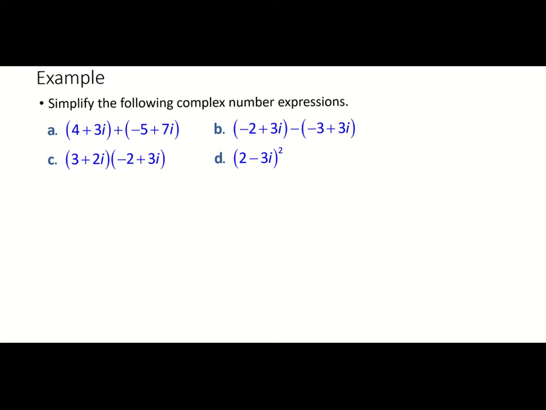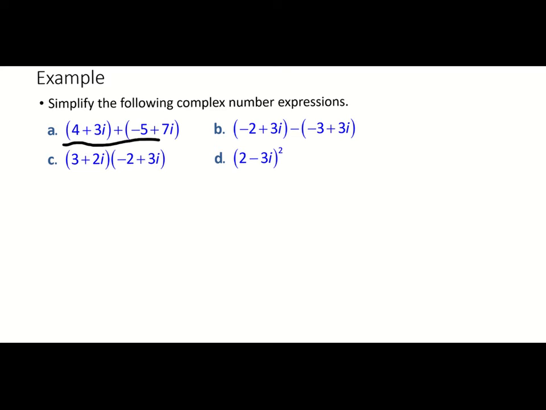All right, so we are going to simplify these complex numbers. Again, we're going to write them in a plus bi form, or complex number form. So for A, it is all addition here. So really, all we're going to do is combine. It's almost like combining like terms. But here we're going to combine real numbers and imaginary numbers.